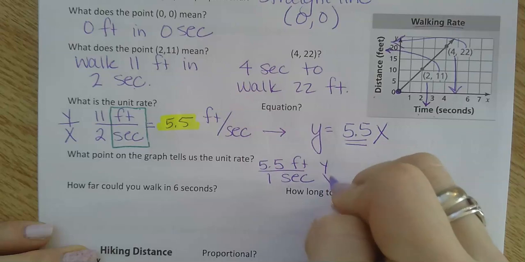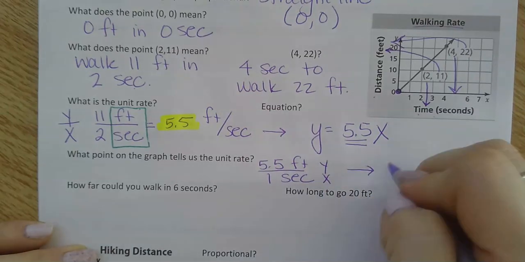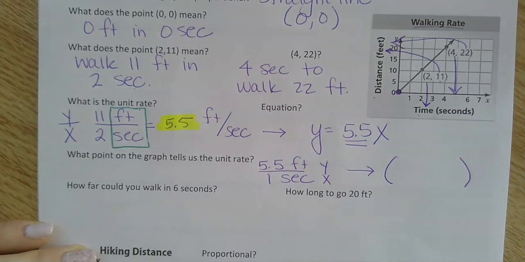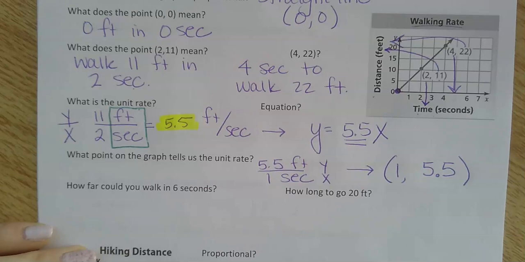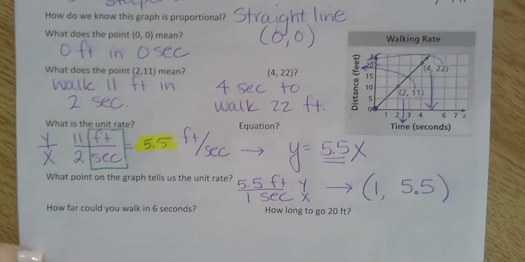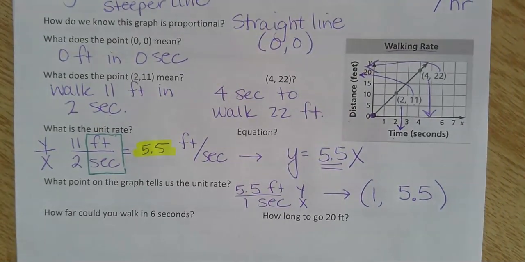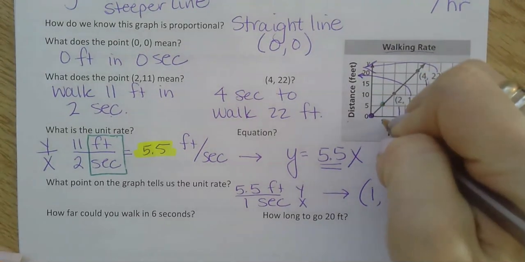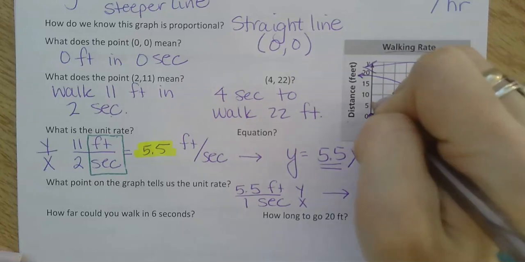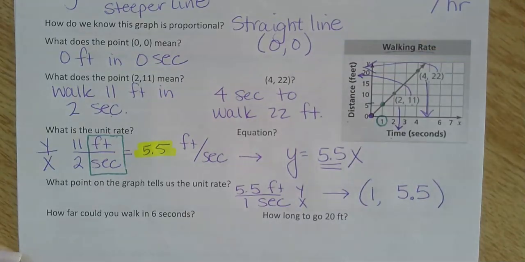This is the y, this is the x. So that would turn into the point x, y. In 1 second, I have gone 5.5 feet. So it is not labeled on here, but it would be the point right here at 1 second. This is at 5.5. 1 second, 5.5 feet.